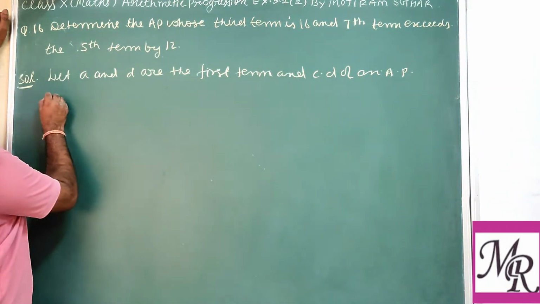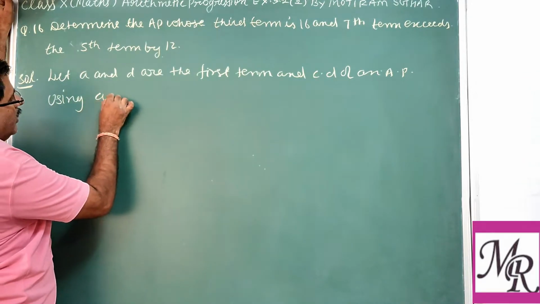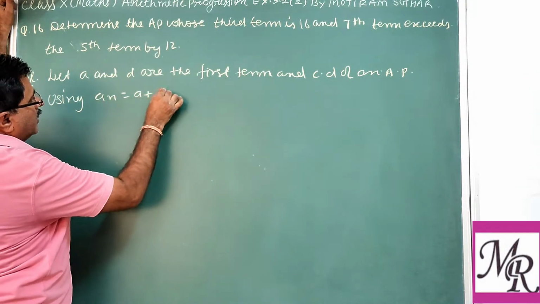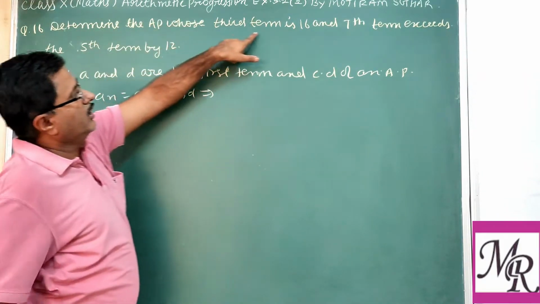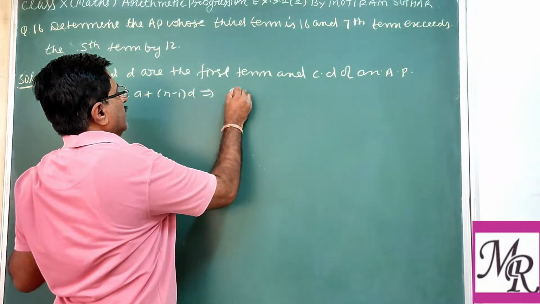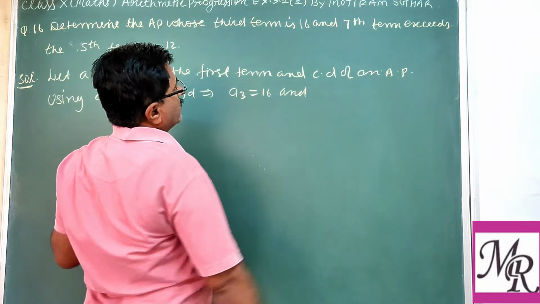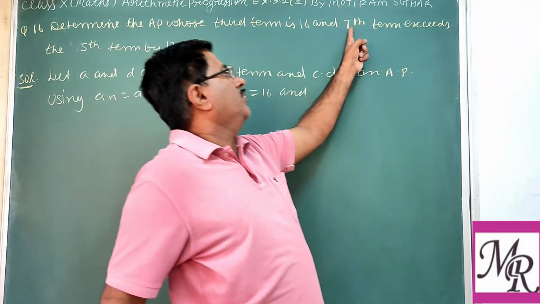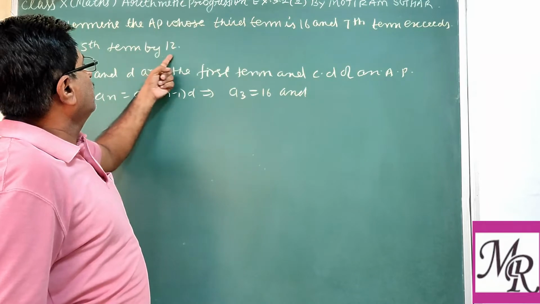So using the formula An equals A plus n minus 1 D, the third term is given, A3 equals 16. Now the relation given is that the seventh term exceeds, meaning is more than, the fifth term by 12.